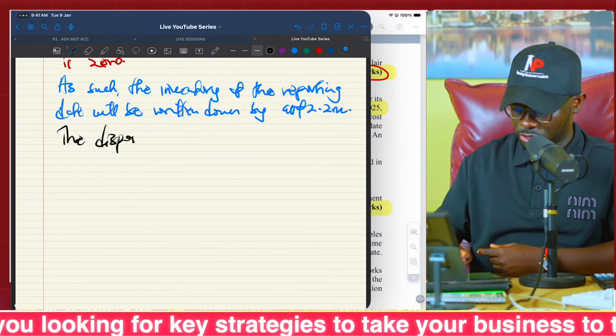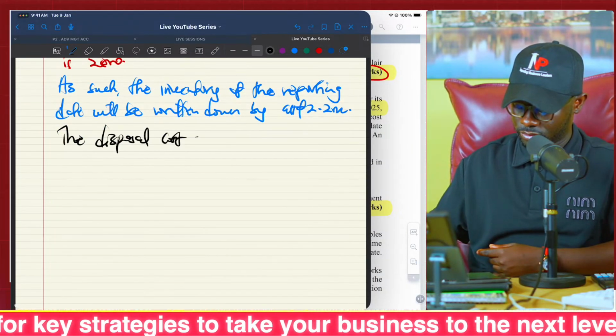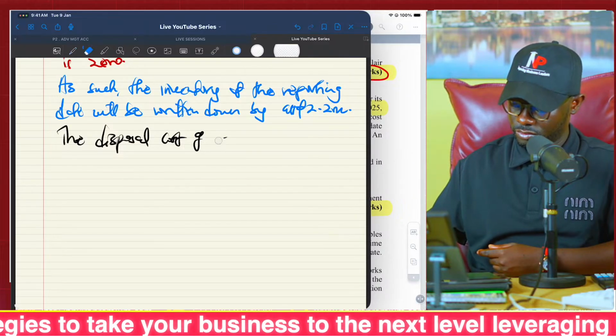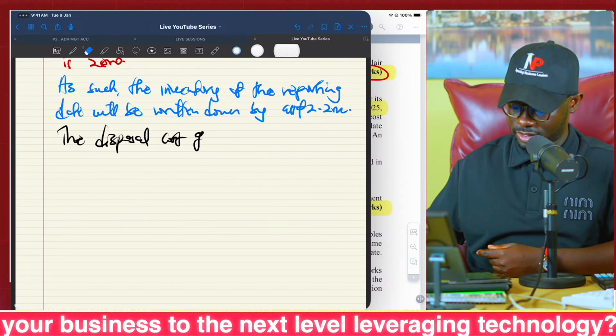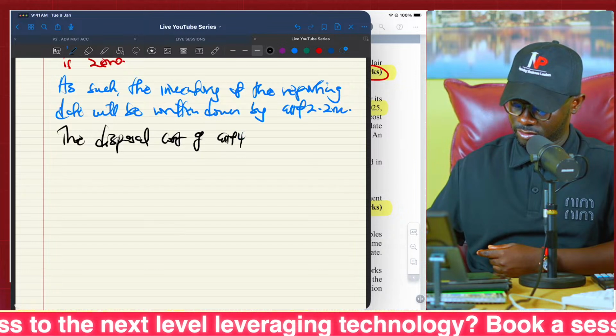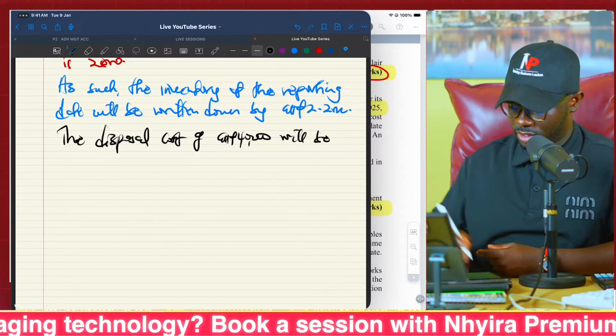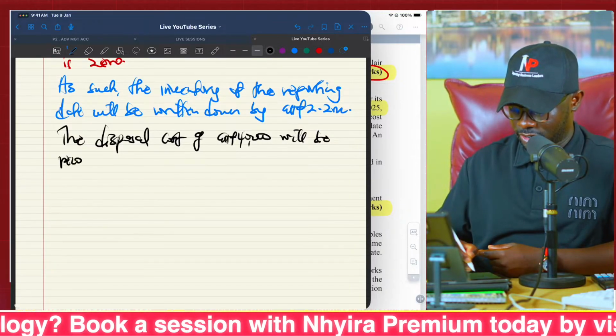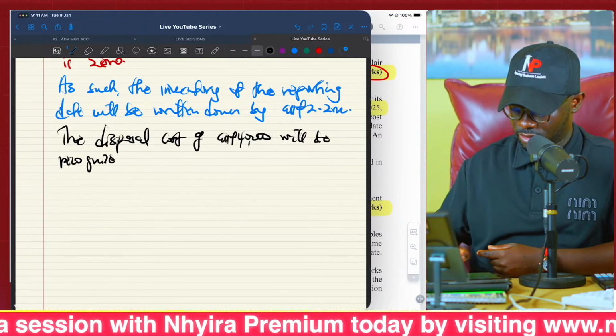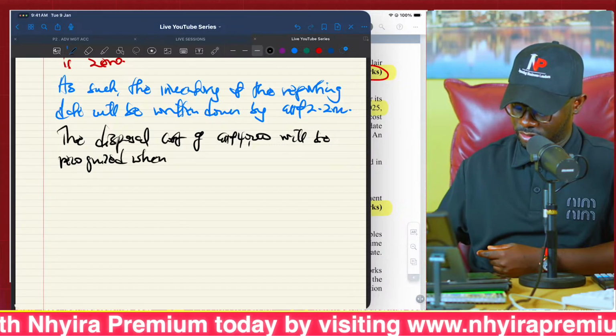Okay, so the disposal cost of 40,000 Ghana cedis will be recognized when incurred.